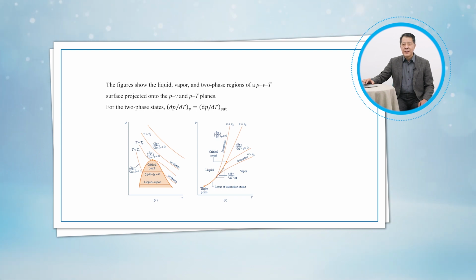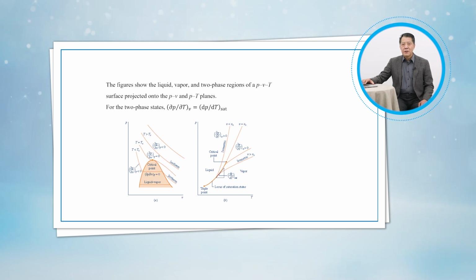For the two-phase liquid-vapor states corresponding to a specified value of temperature, the pressure is independent of specific volume and is determined by the temperature only.